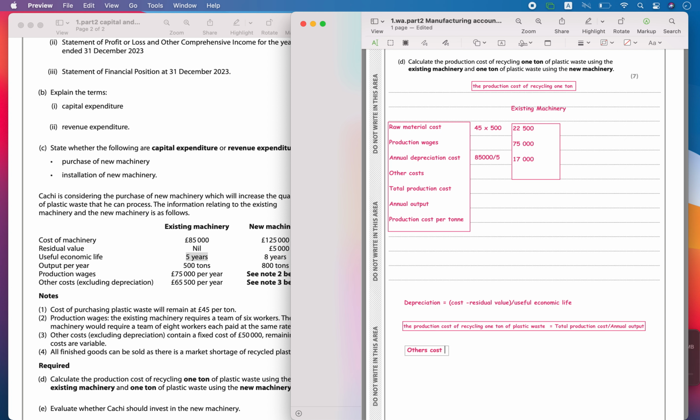Okay, the other cost has two parts. One is the fixed cost, plus the variable cost.